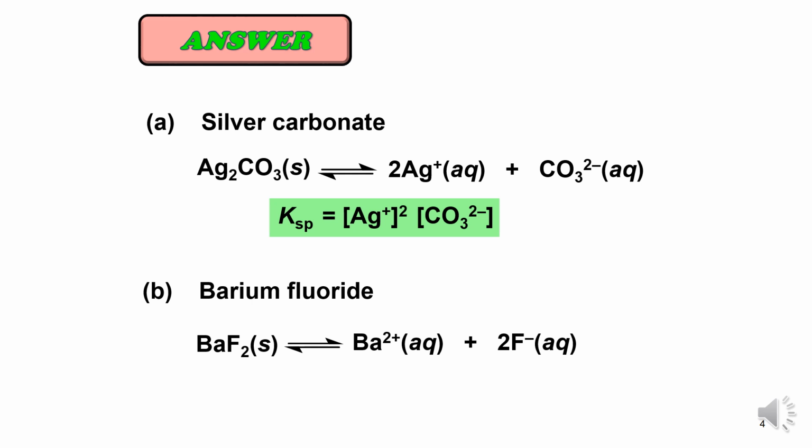Make sure the equation is balanced. Then we write the expression for the Ksp: Ksp equals the concentration of Ba2+ times [F-] to the power of 2.